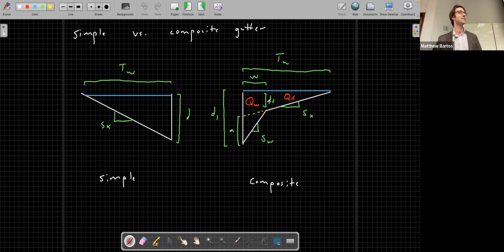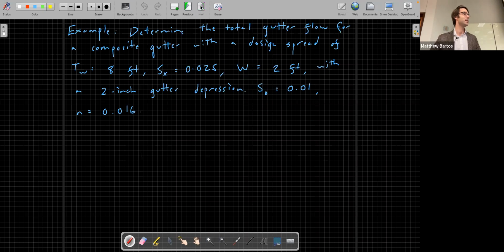Just subtract D2 from D1. Yeah, exactly right. So we can specify the slope S_W in terms of D1 and D2. So let's go ahead and do that. We have that the slope nearest to the curb is equal to (D1 minus D2) over W.